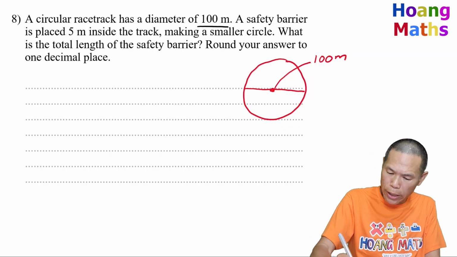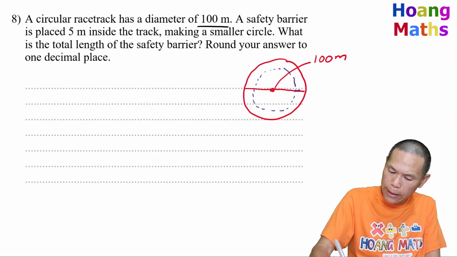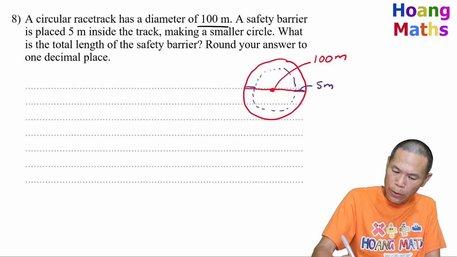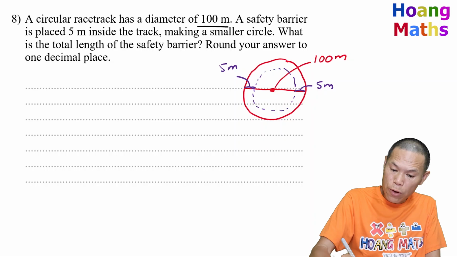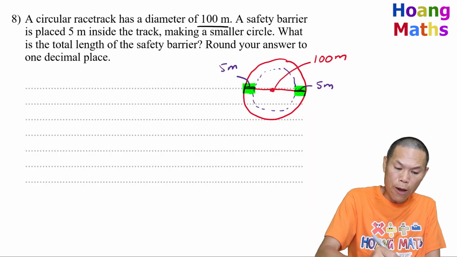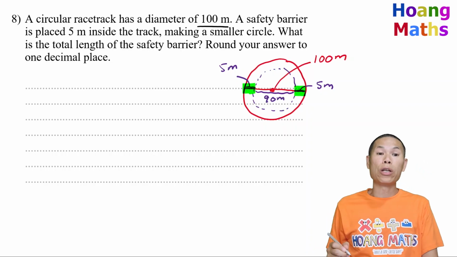Let me draw it out. The barrier is here, and the distance is 5 meters inside the outer circle, if you wish. So 100 minus 10, because this is 5 meters and 5 meters. If we minus that, 90 meters is the smaller circle.